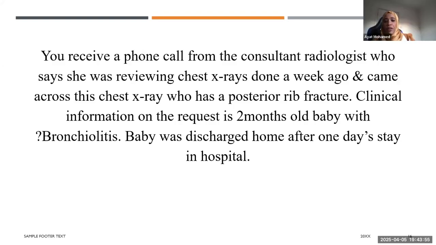Yeah, because it was requested for bronchiolitis, and the posterior rib fracture is not something that is usually picked up by junior doctors, and when the radiologist saw it, he immediately reported it. So I don't think it was missed. It's very difficult to assess for rib fracture, but you can consider that.